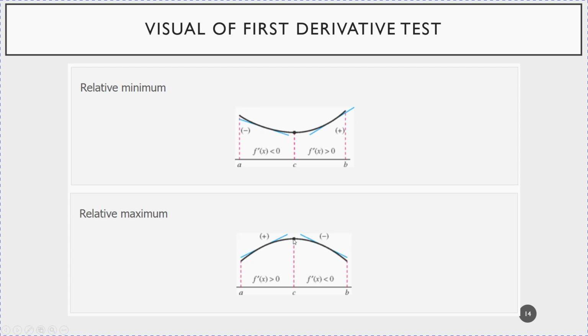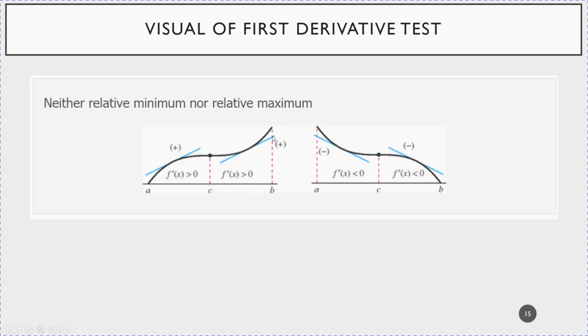Then that c right there is a relative maximum, because you're at a peak. This is neither, where it doesn't change. It looks like it's about to change, but then it doesn't. This is going from increasing to increasing, or here, decreasing to decreasing. In those cases, when it doesn't change, you have neither a relative min nor a relative max.